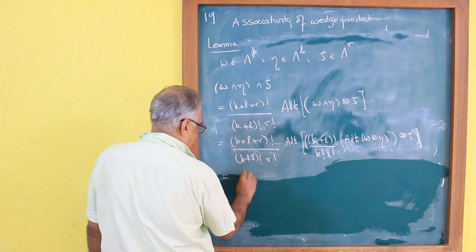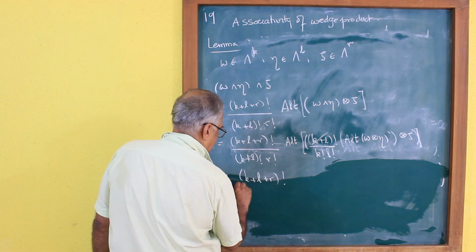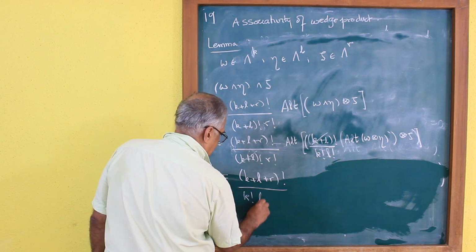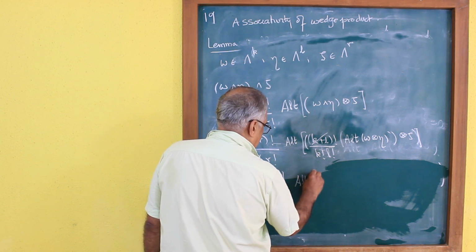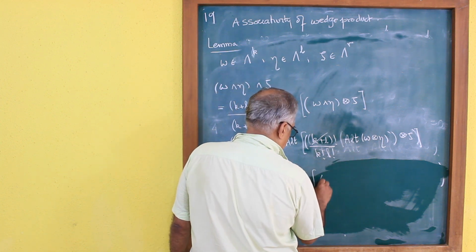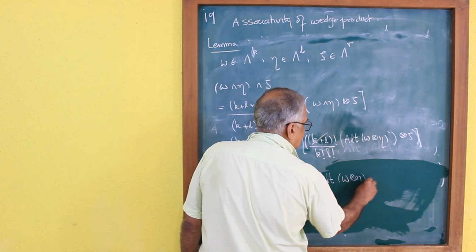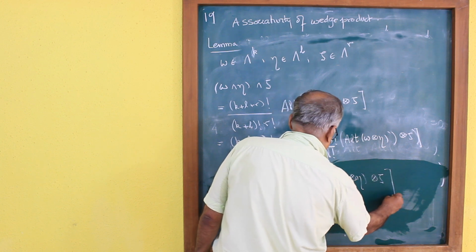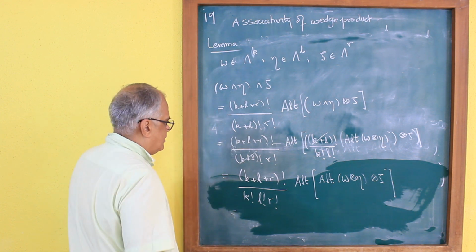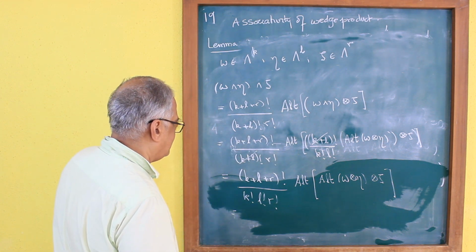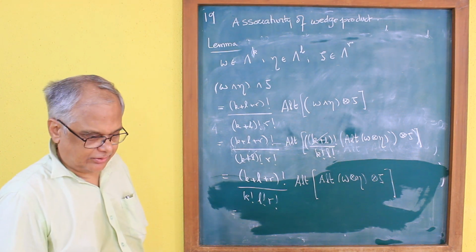And what I'm left with is alt of omega tensor eta tensor zeta, and we know that alt of this quantity is actually equal to a factor multiplying that. So this is in fact the actual wedge product. So we'll stop here.